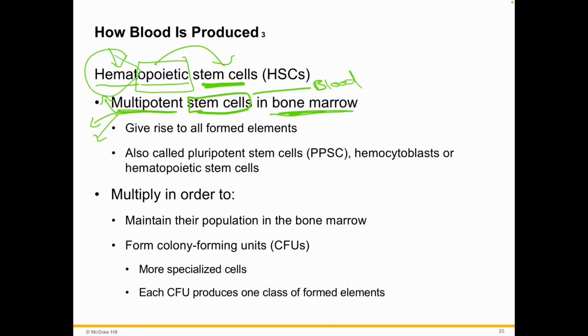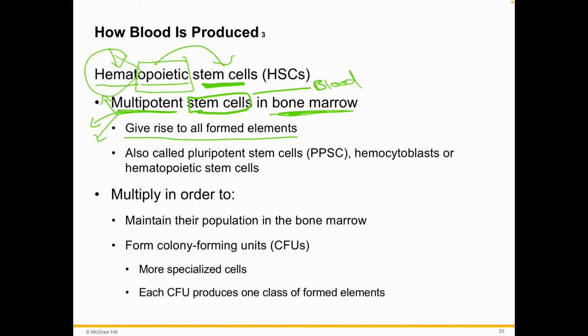They're not stem cells for, I don't know, fingernails or parts of the liver. Maybe with scientific intervention that can be changed, but we're looking at what happens naturally within the body. These are committed to become blood cells, but they could become many different types of blood cells. So that's what that means.